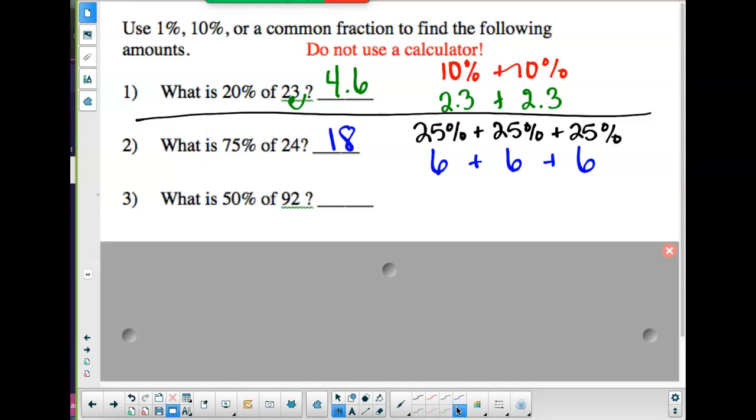Okay. 50% of 92. 50% is just 1/2, right? Can you do half of 92 in your head? Can you do half of 90 in your head? I know, you gotta think now.